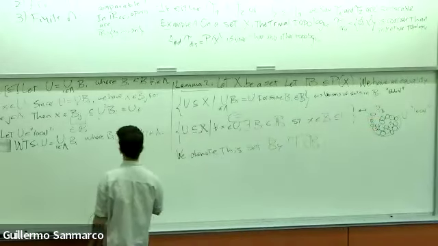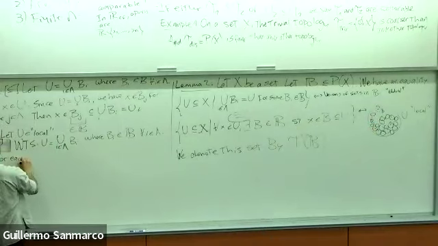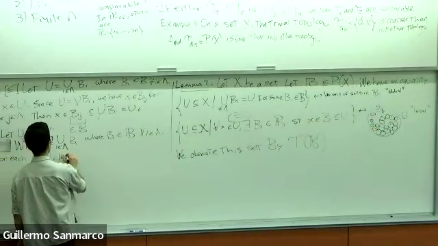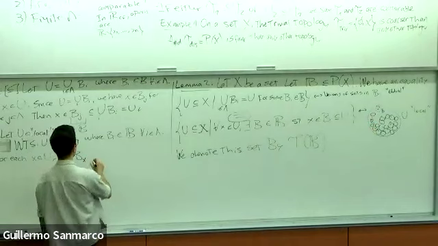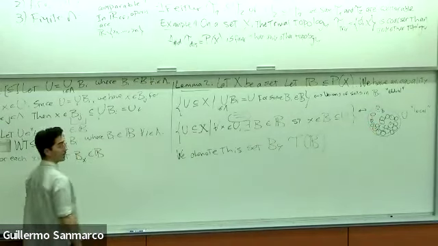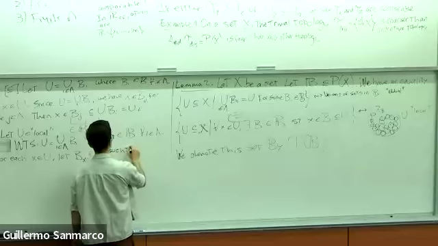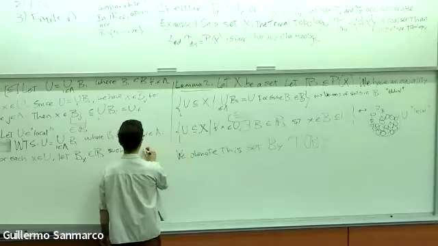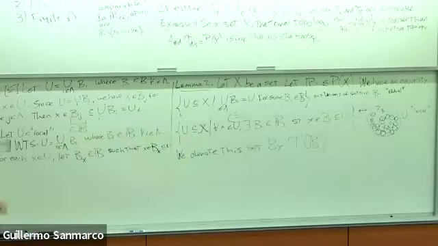So let's write that. We want to show this. Now we want to use our local property. So for each small x in U, we know there is some Bx, let's call it, an element in B. I'm using Bx because it depends on x, for which x is an element of Bx, which is inside of U. So for each x, we have this small Bx, kind of a neighborhood.